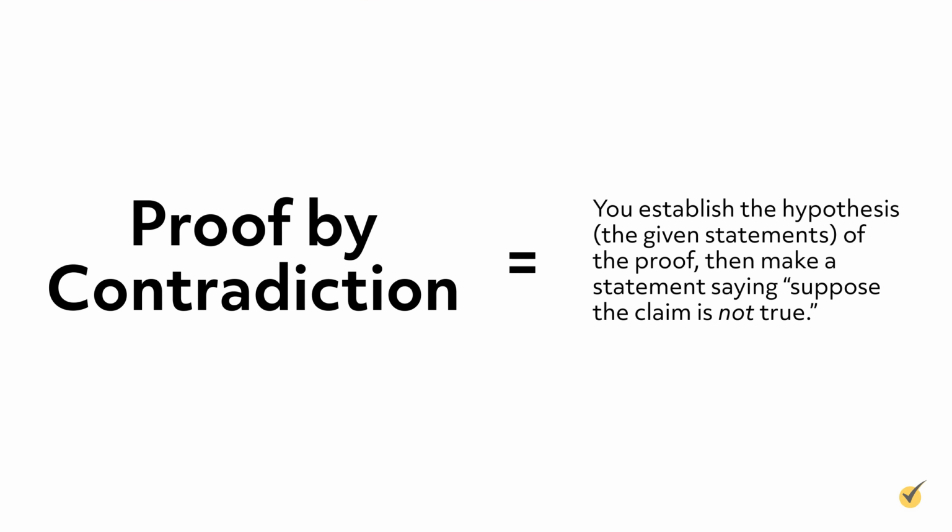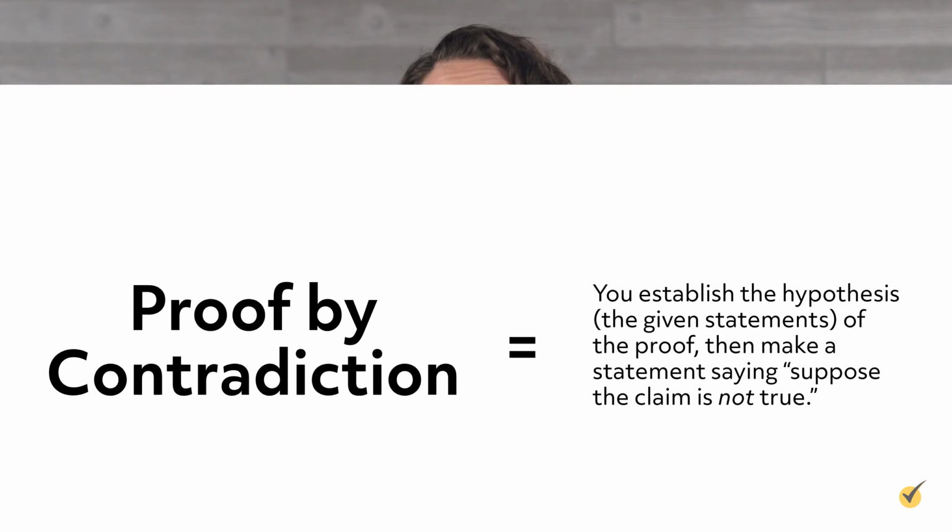In a proof by contradiction, you establish the hypothesis, the given statements of the proof, and then make a statement saying, suppose the claim is not true. From here, you would follow the logical implications of that not statement. Eventually, you would come to some later statement which directly contradicts one of the earlier statements in the proof.